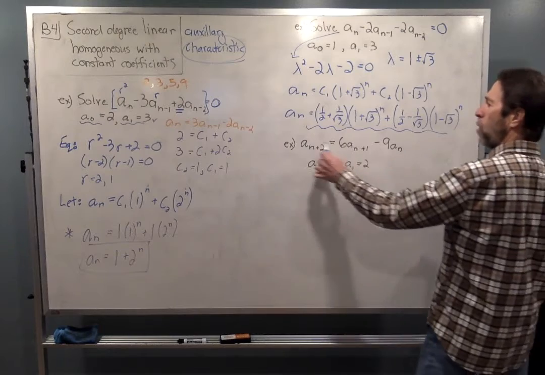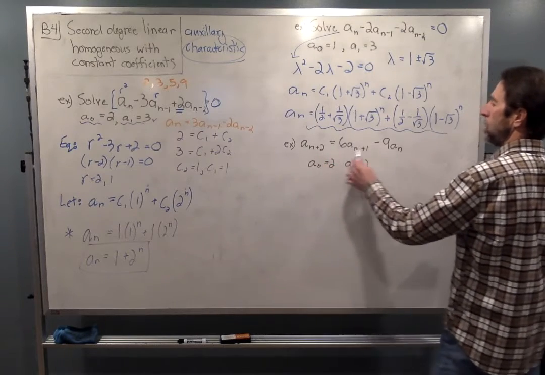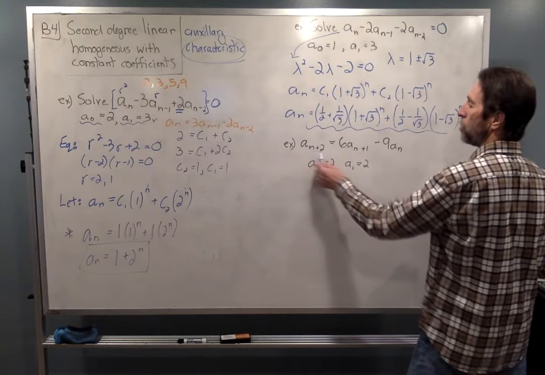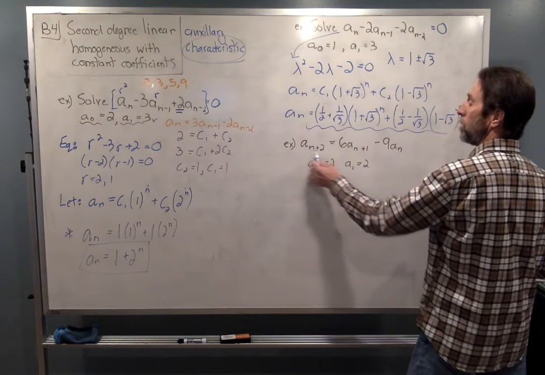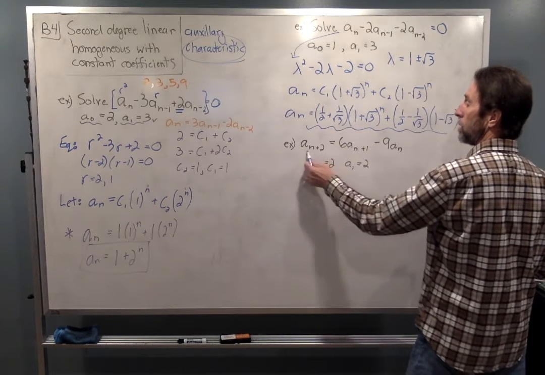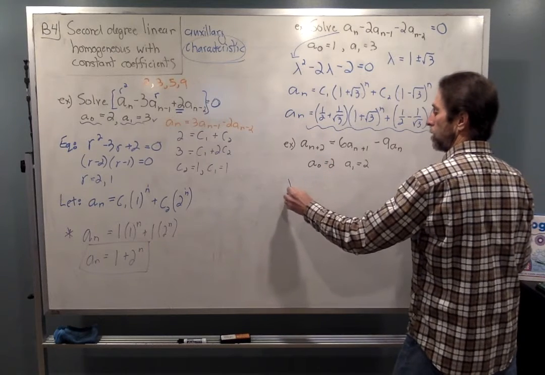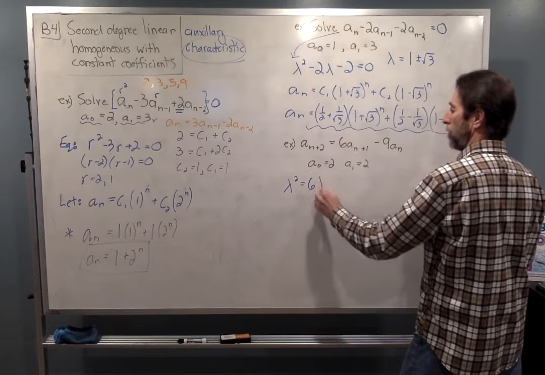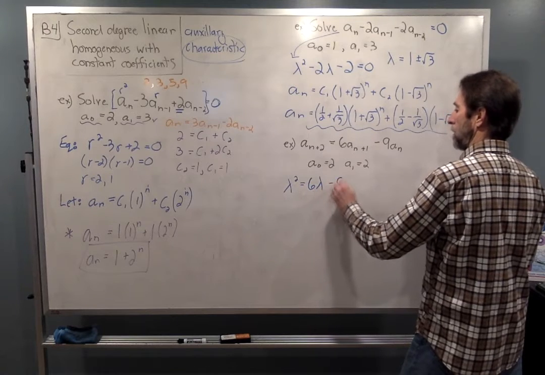This is a little bit different format. If I just go ahead and replace, this is my highest value for n, so that's going to be your lambda squared. So here I'd have lambda squared, that's just going to be 6 lambda minus 9.